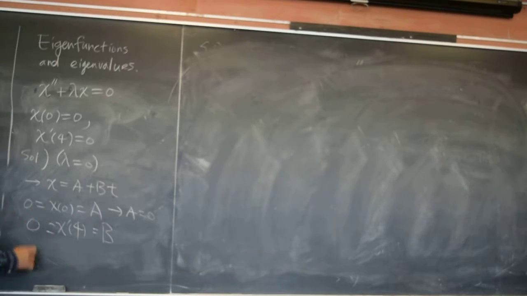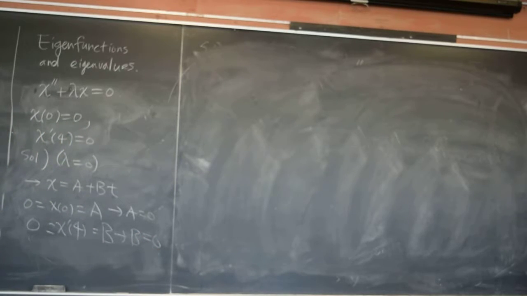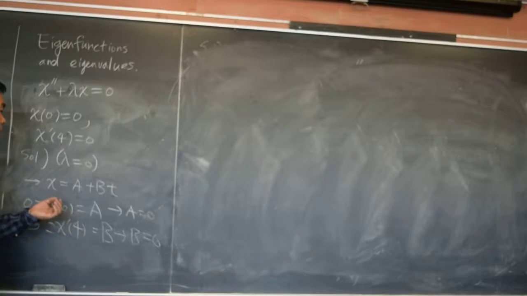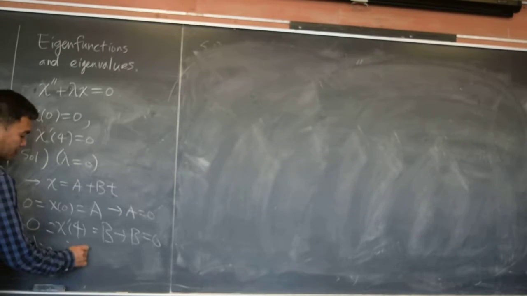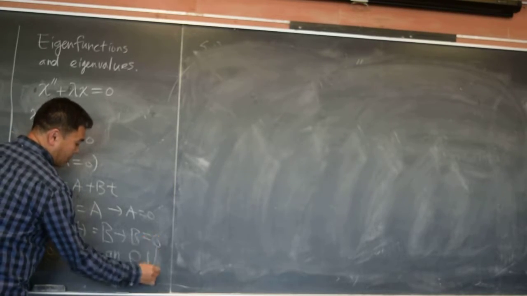And if that's equal to 0, that gives you b as 0. What does that mean? If a and b are both 0, that means x is a trivial solution. Therefore, is lambda an eigenvalue or not? Not an eigenvalue. So lambda equal to 0 is not an eigenvalue.